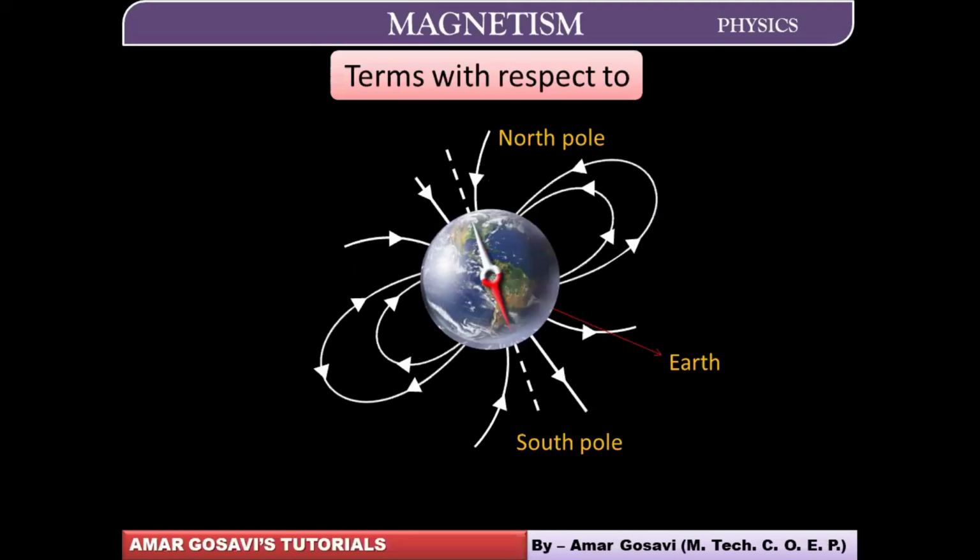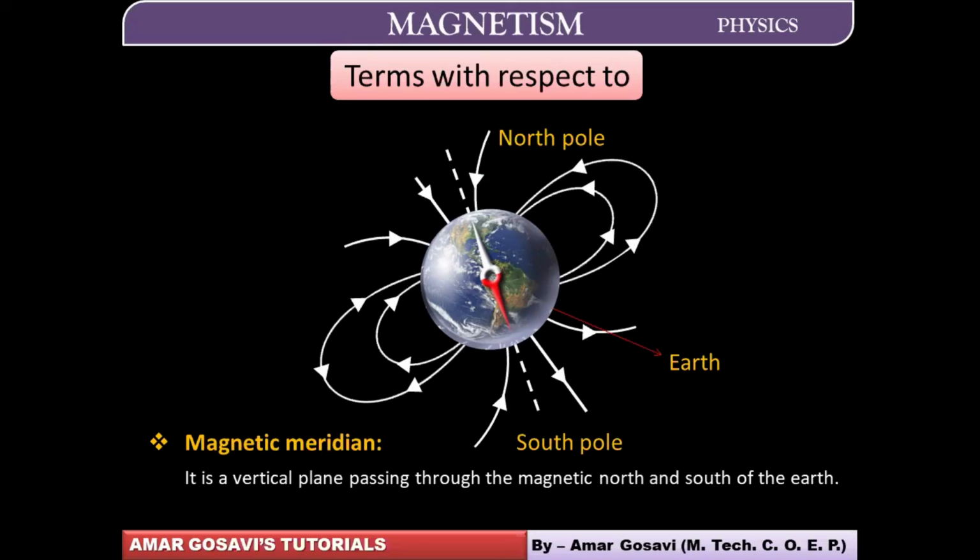So let's get back to the terminologies once again. The first terminology which I talked about was the magnetic meridian. The magnetic meridian is a vertical plane that passes through the magnetic north and magnetic south of Earth.